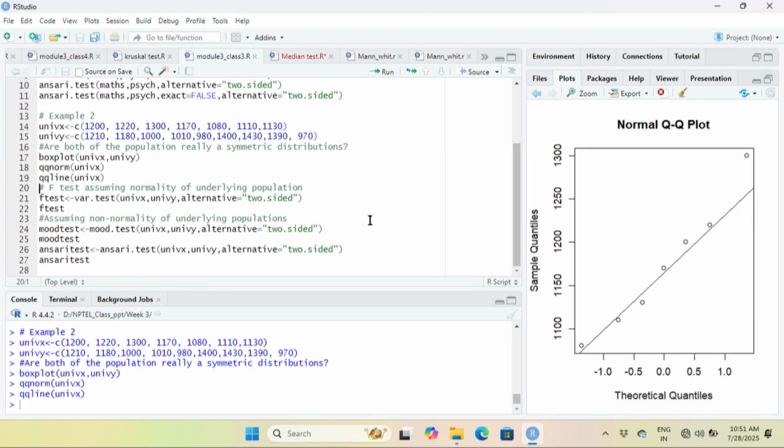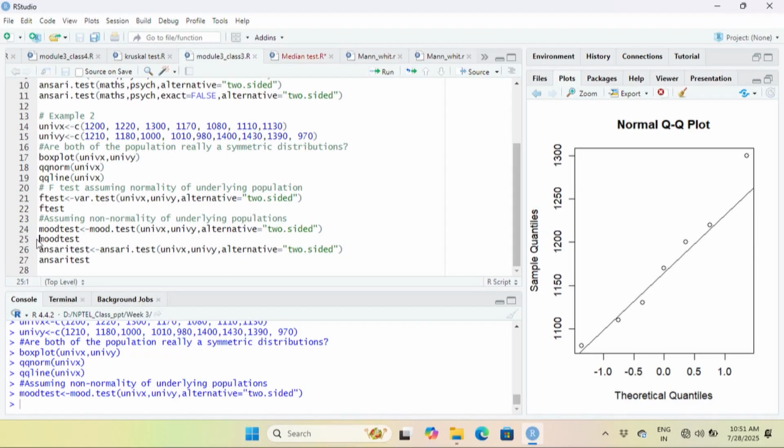So one can assume that the first university is from the normal distribution. But for the sake of our learning session, let us assume that both of them are from non-normal distribution. So let's get down to the mood test.